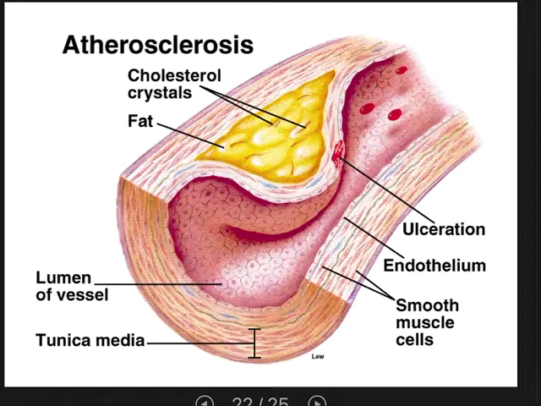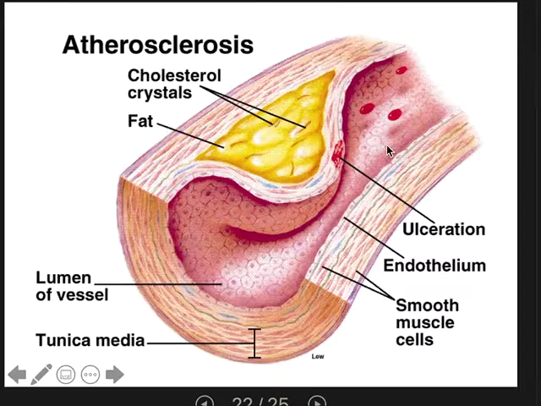Now, we talk about diets with low cholesterol, but a lot of people have high cholesterol from their family, right? Genetics. And even with a low cholesterol diet, they still have high cholesterol. So these people usually have to go on medication. And also it's even more important that they exercise regularly.